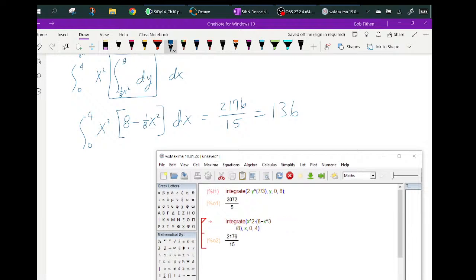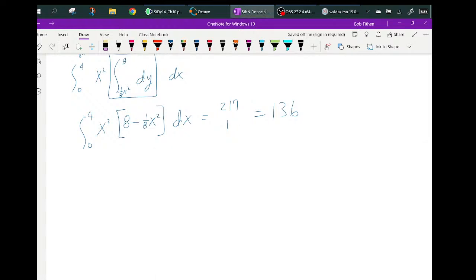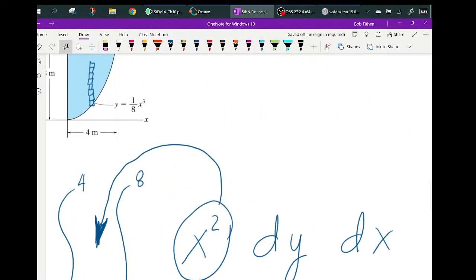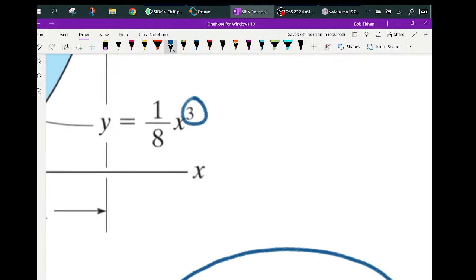Sorry about that. Oops. With this, on the x to the third button, you have to hold shift and then enter. 256 over 3. So I am so sorry. That's x to the third there.